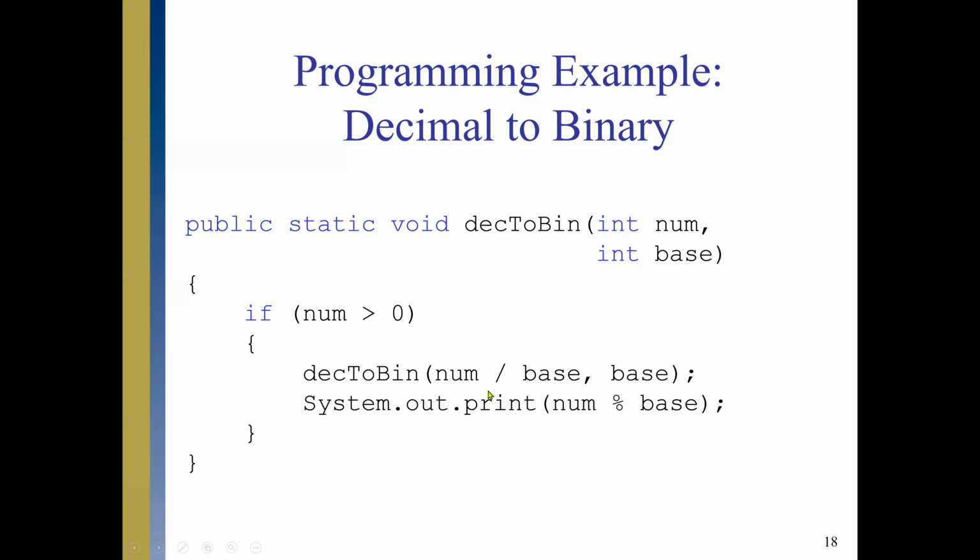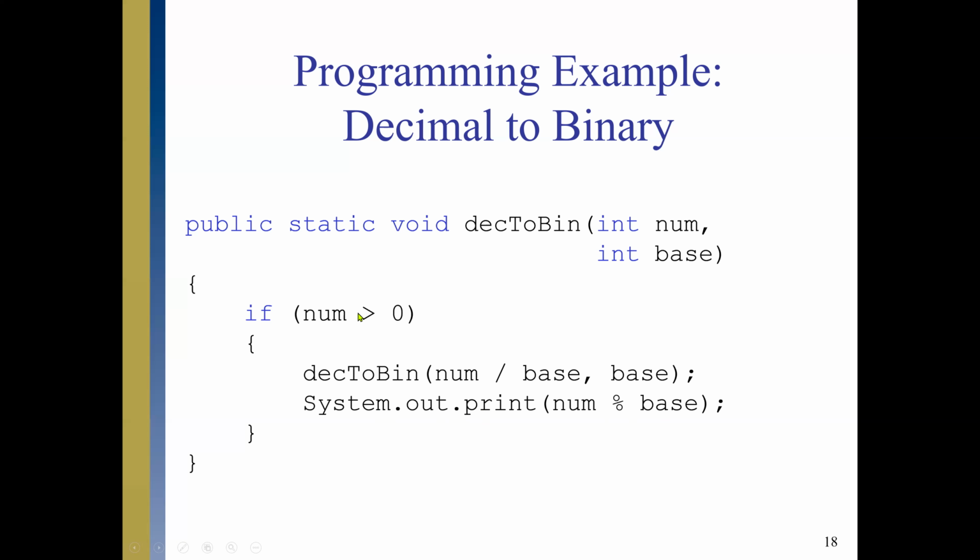We start with 5. 5 divided by 2, the answer is 2, remainder 1. Since 2 is greater than 0, we are going to divide again 2 by the base 2, which gives remainder 0. The answer is 1. So when we get the answer, we print out the remainder, because that's the solution we want.